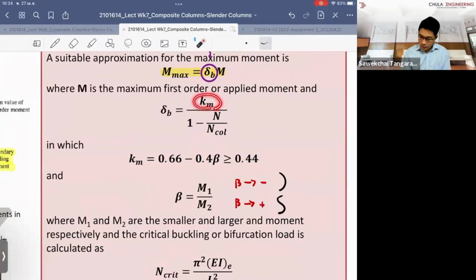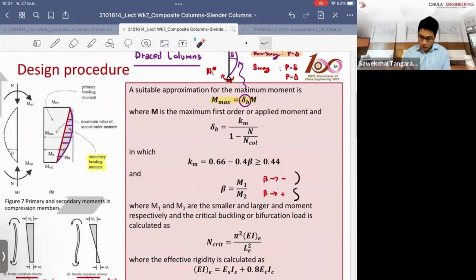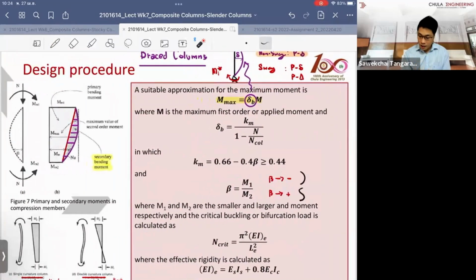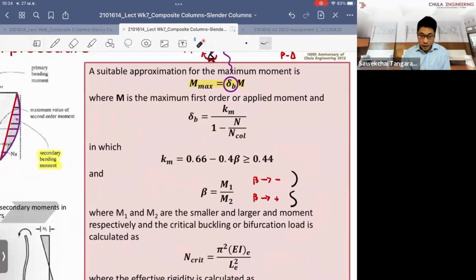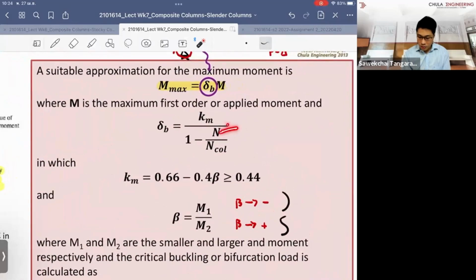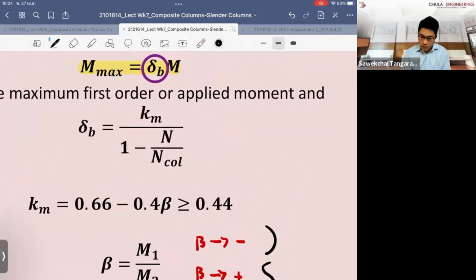And lastly, you got the term km, right? You have N, the axial force that is applied, and you don't take the factor at all. So this is the nominal force. But if you want to take the N-star here, what I suggest is this.